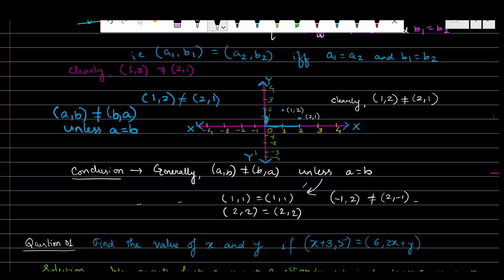Similarly, if we consider 3 comma 2, so 3 units on the x-axis and 2 units on the y-axis, 3 comma 2 point is this.